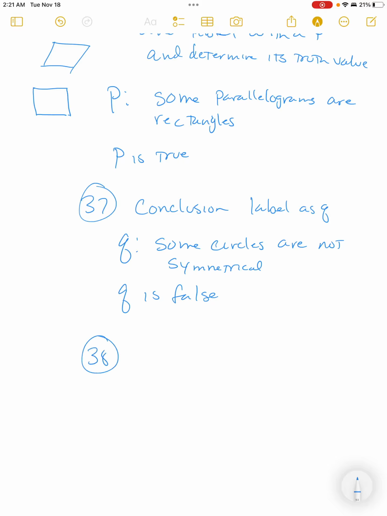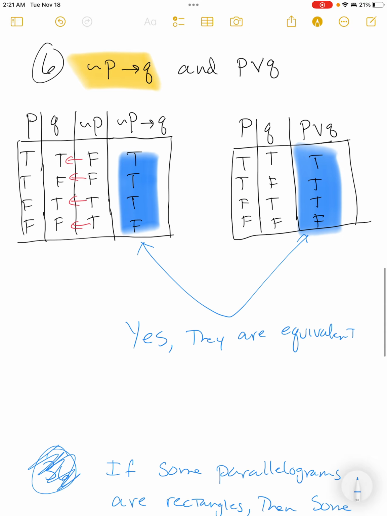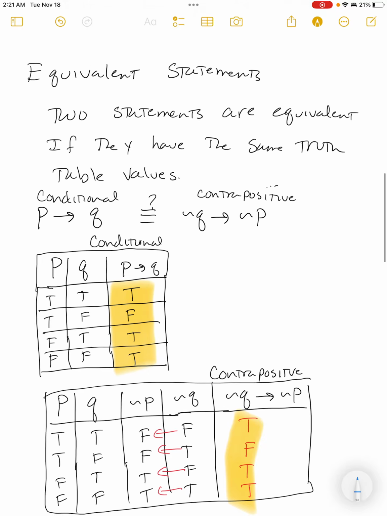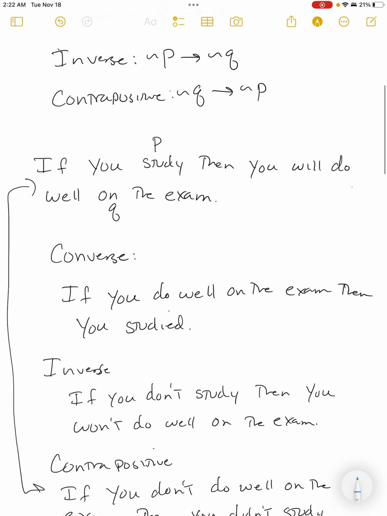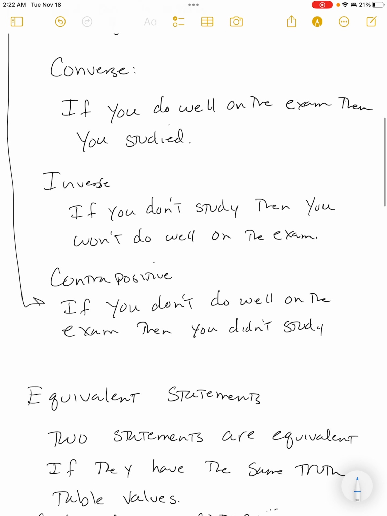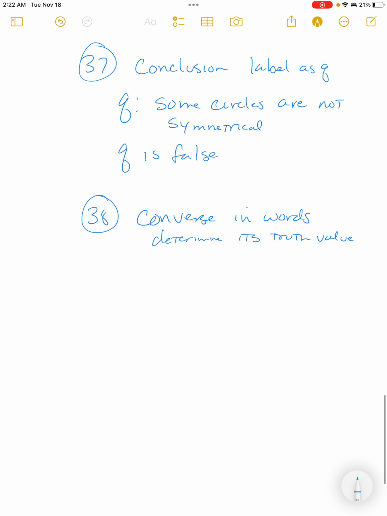And then it says 38. 38 wants us to write the converse in words and determine its truth value. So you may have to remind yourself what the converse is, and we'll end with this one because it just goes through the other ones, the contrapositive and the inverse. But the converse is a flip of the two.